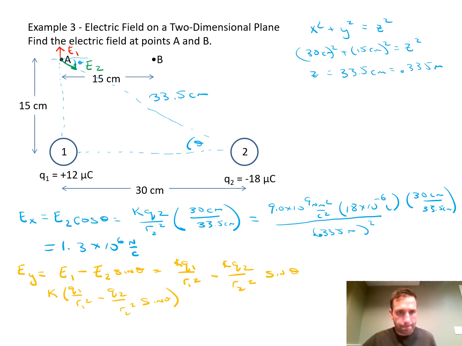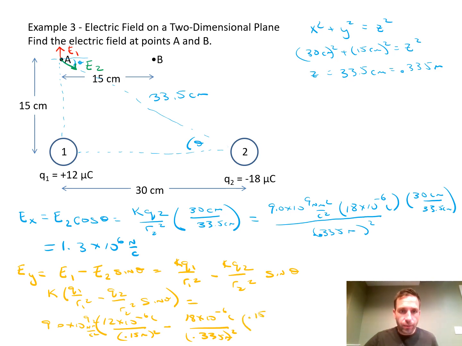Plug in some numbers here. 9.0 times 10 to the 9 newton meters squared over coulomb squared, 12 times 10 to the negative 6 coulombs, minus 18 times 10 to the negative 6 coulombs over 0.335 meters squared.